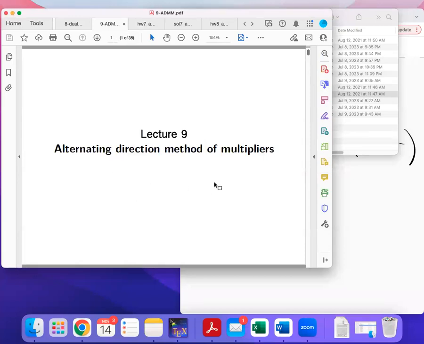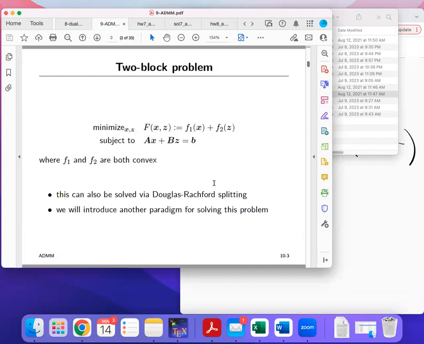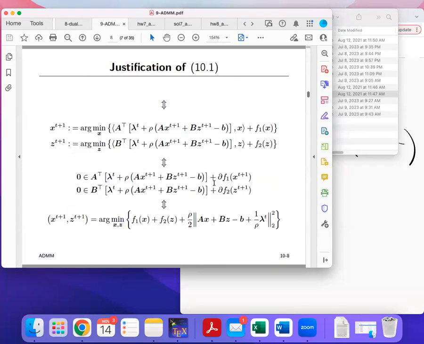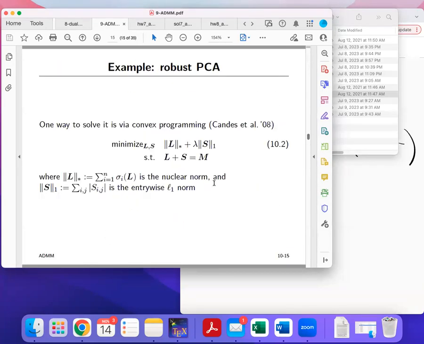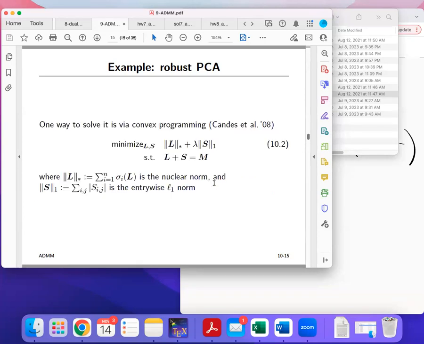But this ADMM method is very, very popular and it's like the golden standard for solving many large-scale optimization problems, especially for network control and distributed optimization. And in the final project, we will utilize the ADMM to solve this low-rank robust PCA problem.